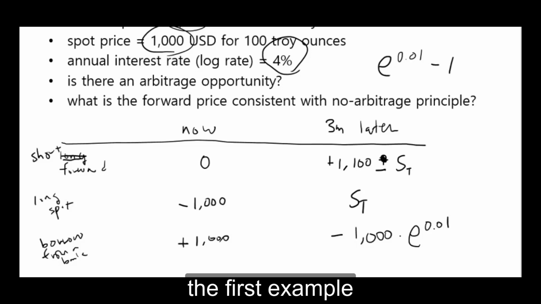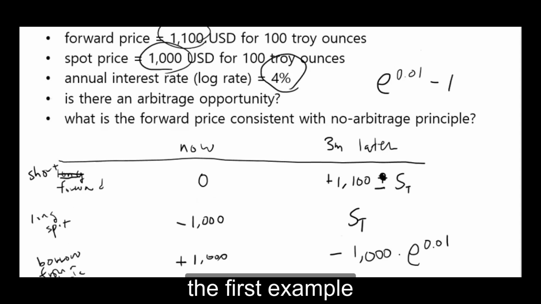And what should happen is that one of these three numbers should be adjusted immediately. The forward price, spot price, and interest rate, one of these three numbers should be adjusted immediately so that this opportunity will disappear.